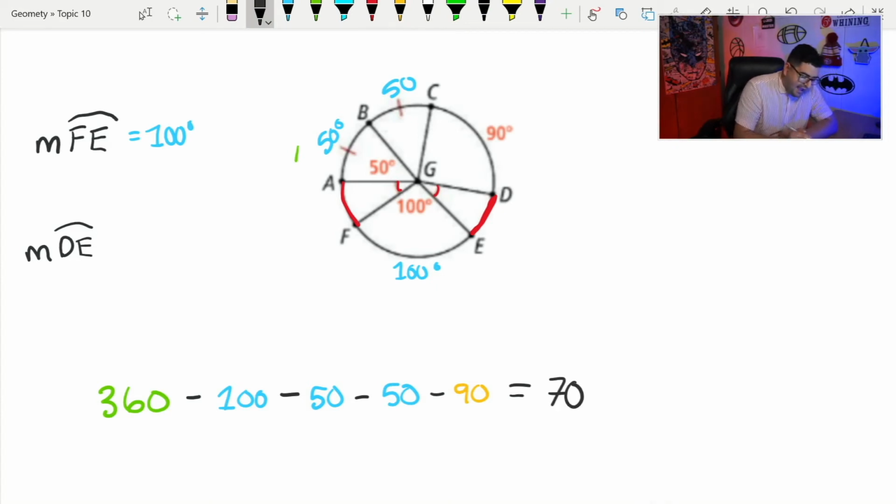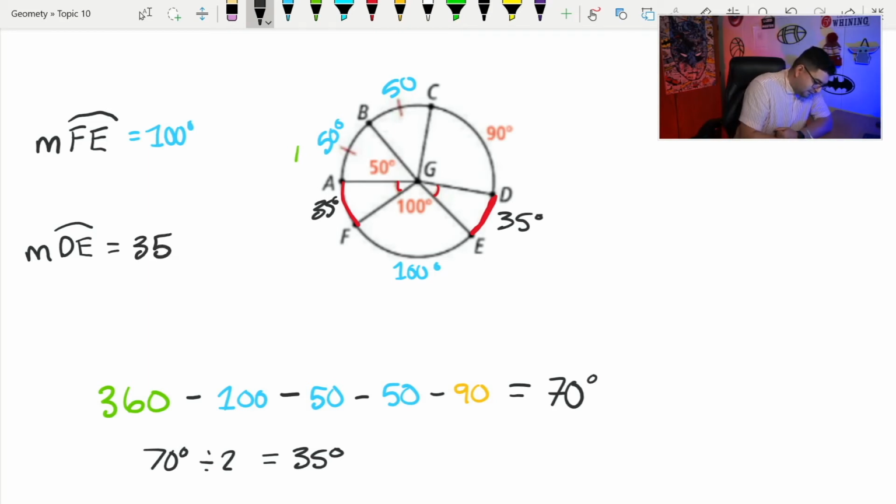So I know that AF and DE have to add up to 70 degrees. But because they're both the same, I can just take the 70 degrees and divide it by 2, and that'll get me 35 degrees. So I now know that DE is just 35 degrees.